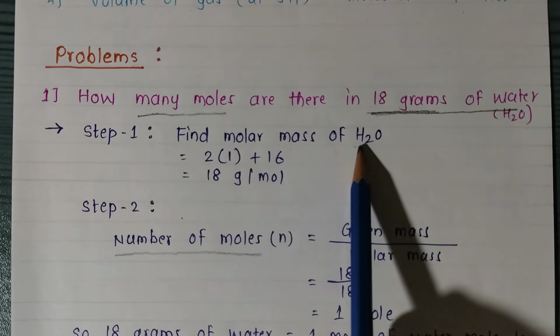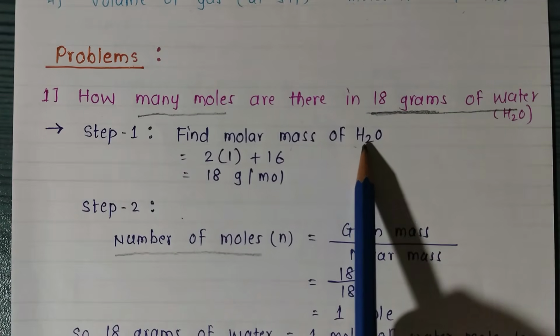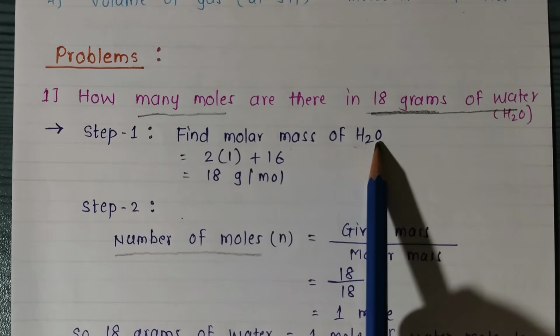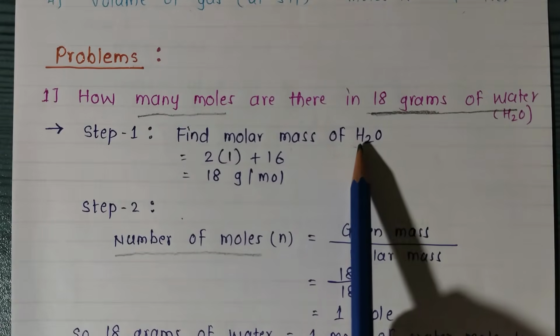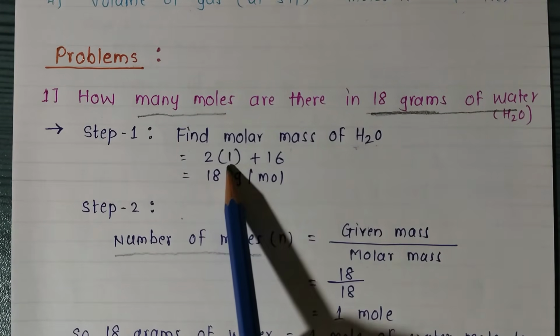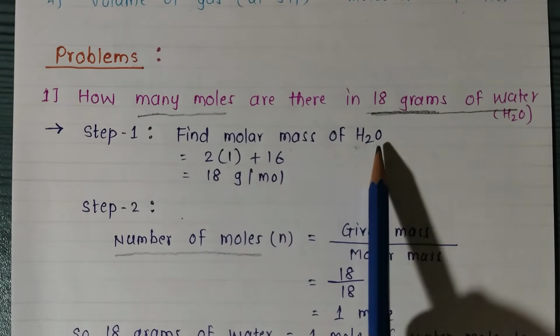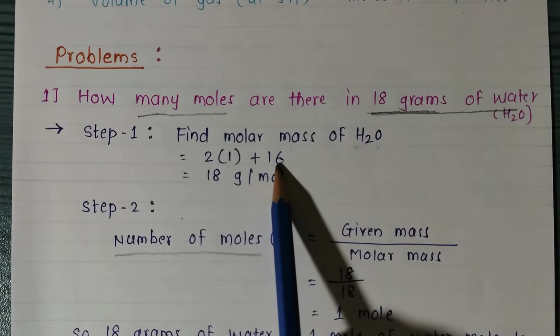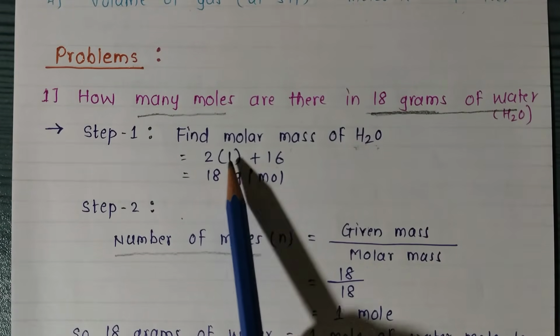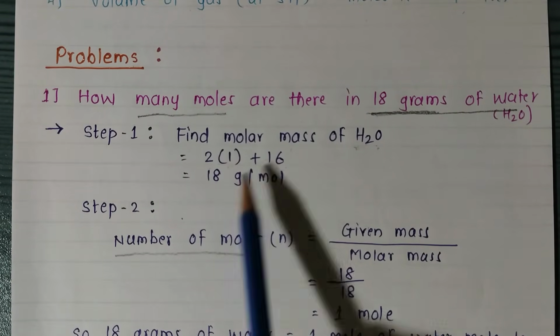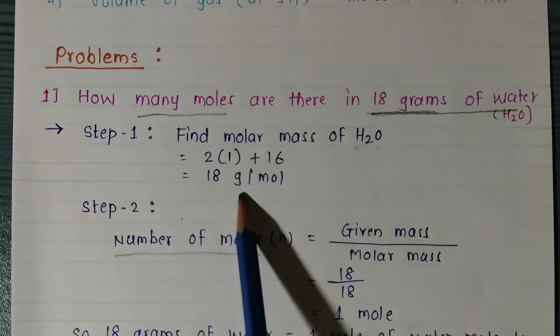So how do we calculate the molar mass of water? As we know, there are 2 hydrogen and 1 oxygen. The mass of 1 hydrogen is 1, but here 2 hydrogen means 2 into 1, and the mass of oxygen is 16. So 2 into 1 means 2, plus 16, that is 18 gram per mole.